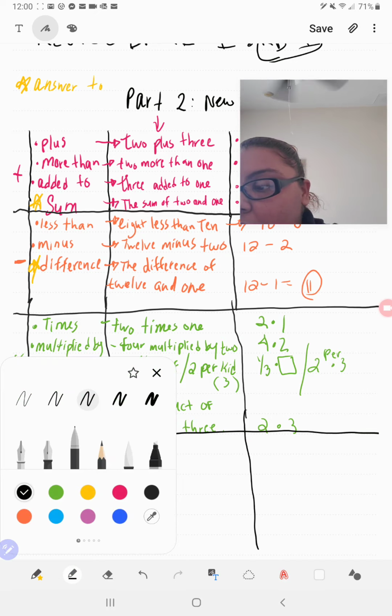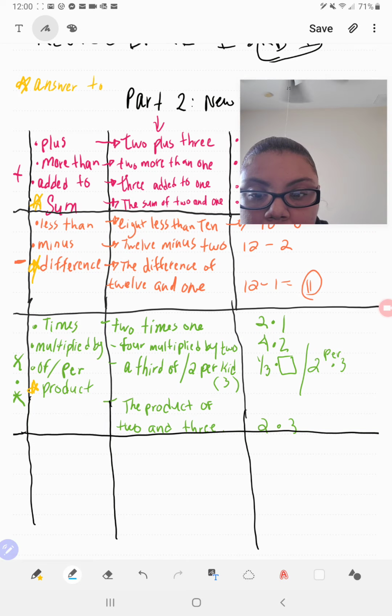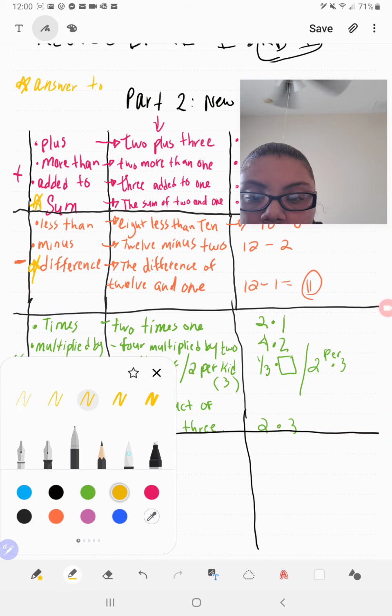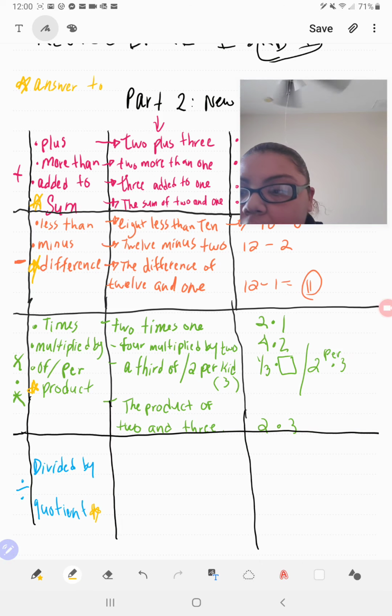Okay, and then this last one is division. And then we've got divided by and quotient. So this one's only 2. So divided by, and quotient is the answer.